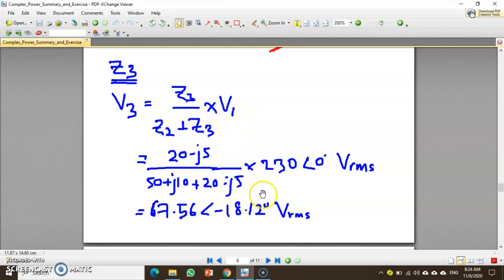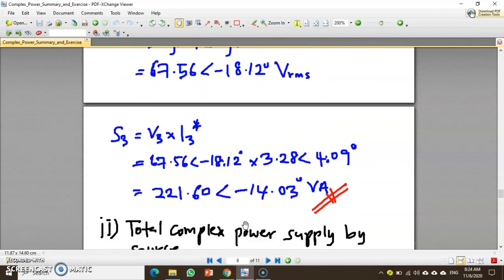Then you get the V3 RMS voltage, and you can determine S3, which is V3 RMS times the conjugate of I3 RMS. We know that I3 equals I2 because we have a series connection, and then you can get S3.